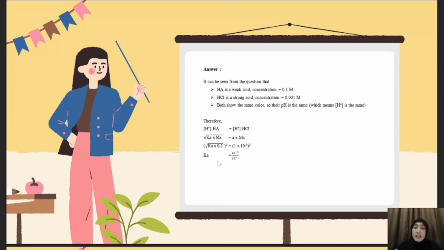And Ka equals 10^-6 over 10^-1, and the result is 10^-5.